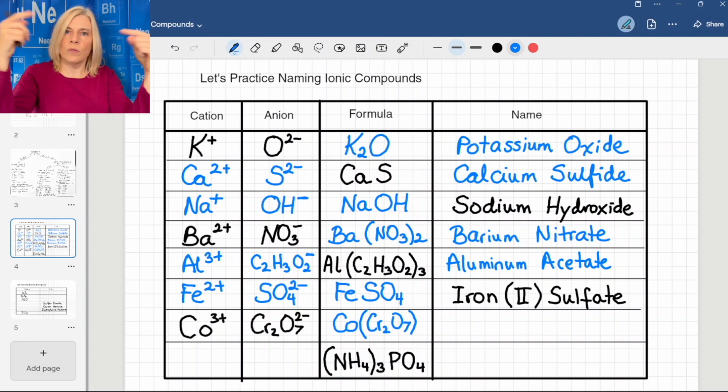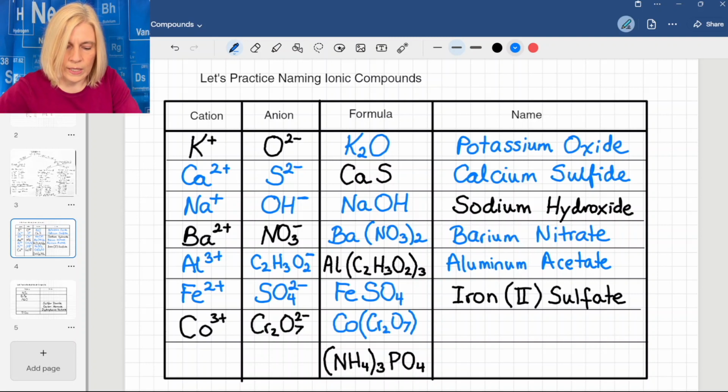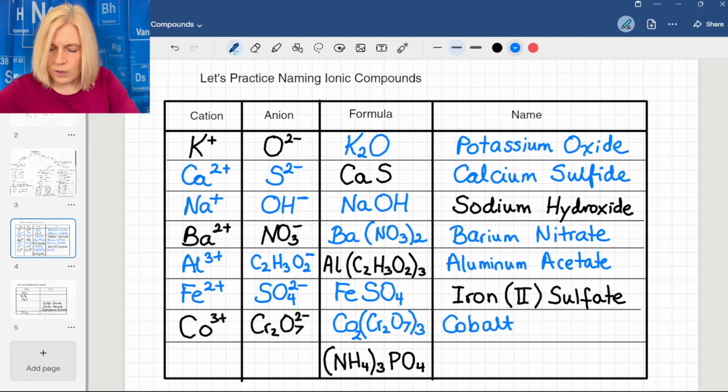We're going to change things. So how many cobalts do we need? We need 2 cobalts. How many dichromates? We need 3 dichromates. So here is our cobalt dichromate. So it's our cobalt, and we need to have our Roman numeral in parentheses. And it's dichromate.